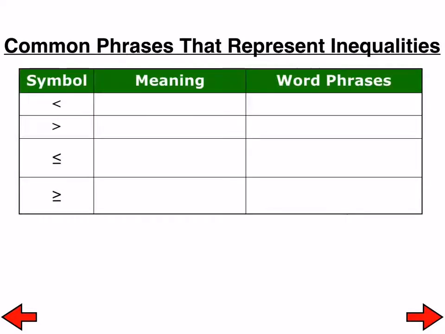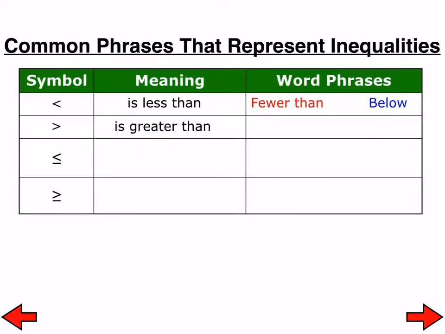Well, we know that the less than symbol, the most common meaning is less than. But there are other common word phrases that mean the same thing. And that doesn't mean that these are the only ones, but these are other common ones. So here are a couple right here. And really there should be the word is in front of each of those. Is fewer than and is below. And we saw below within one of those first 8 problems.